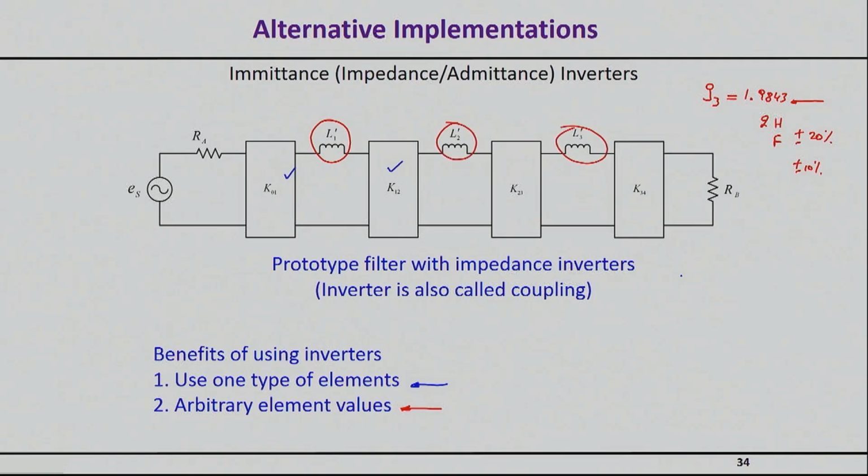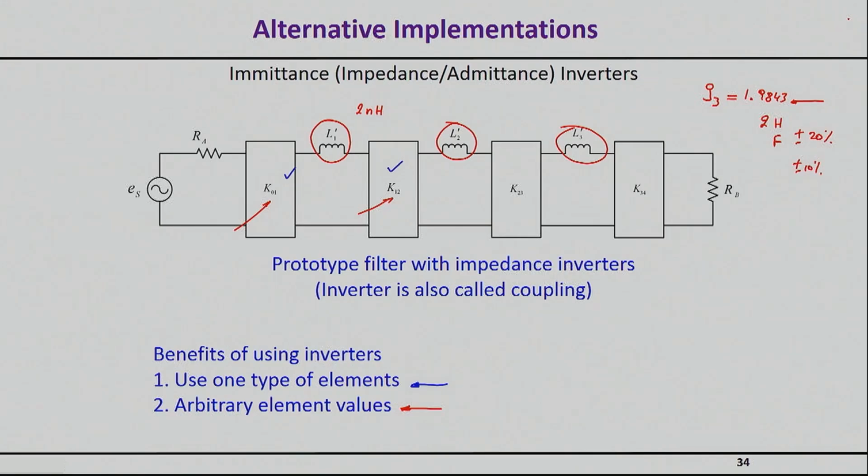So you choose what you want them to be, and you scale everything based on the value of the inverters, which is actually a much easier thing to do. So your actual elements in the filter can be any value you like. So maybe your factory is producing inductors of value 2 nanohenry, and that's all you can do. Great, you can actually build a filter based on that.